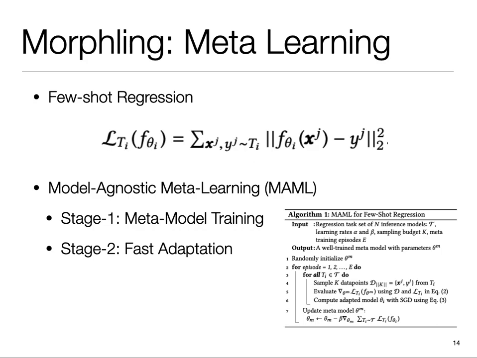This motivates a fast auto-configuration approach using meta-learning techniques. Specifically, we formulate the optimal configuration search as a few-shot learning problem, and solve it with the recently developed model-agnostic meta-learning, aka MAML, technique.